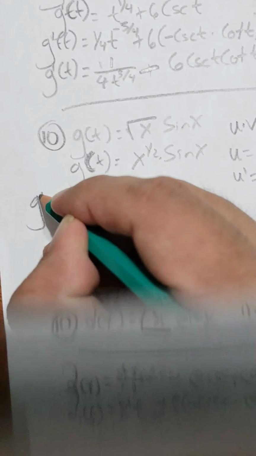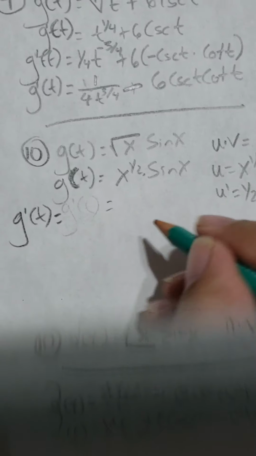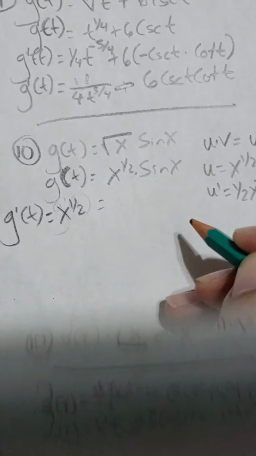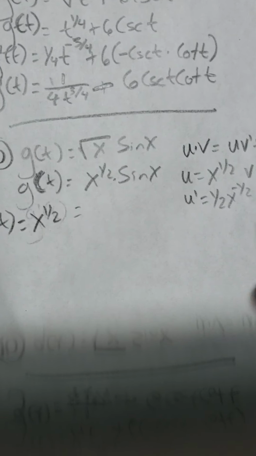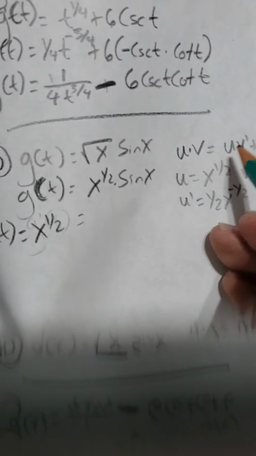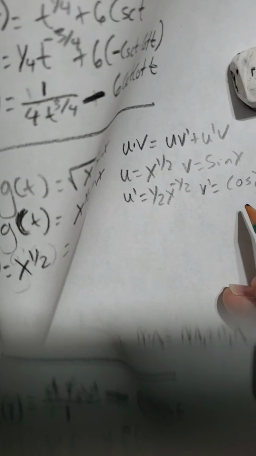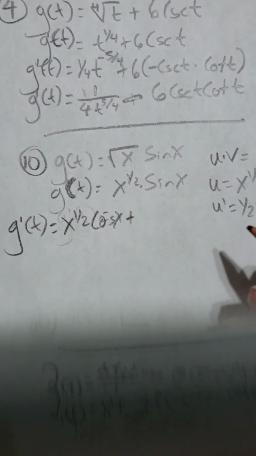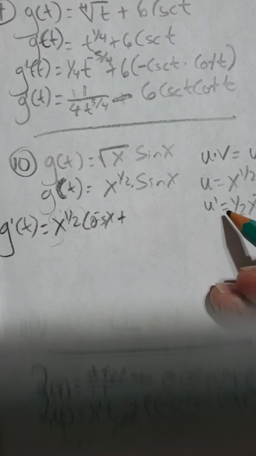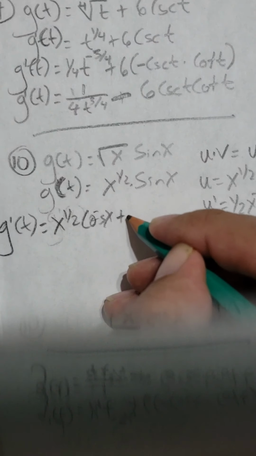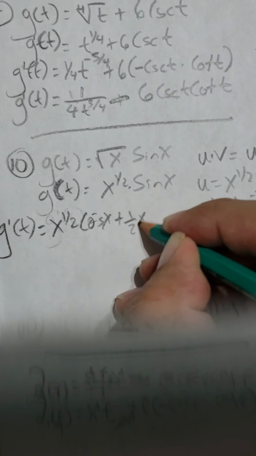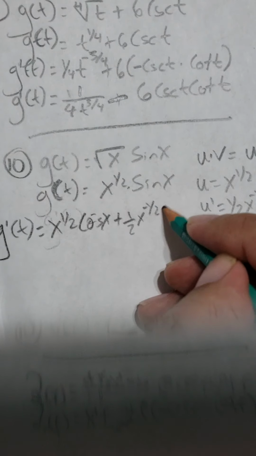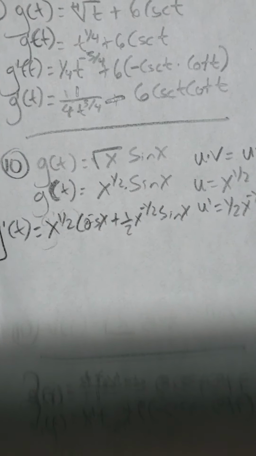It will be g prime of x is equal to u, the original u, x to the 1/2 power, times v prime, that is cosine of x, plus u prime, that means 1/2 x to the negative 1/2 power, times the original v, that is sine of x.